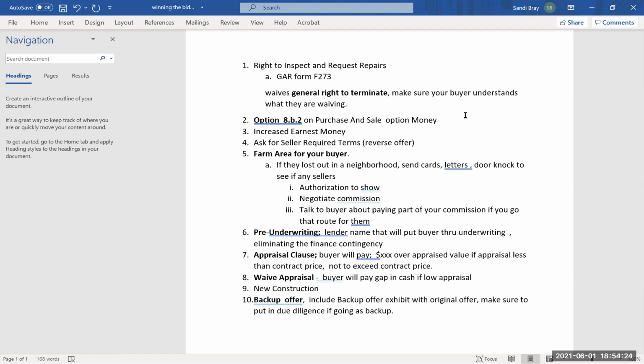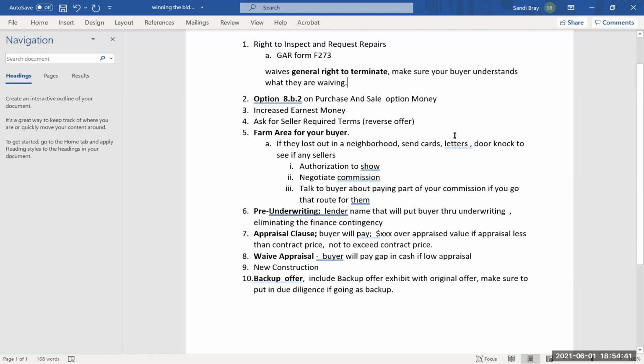But let's say your buyer says, no, I think I need the due diligence. You can buy the due diligence. You read that option on the contract. It's option 8B2 on your purchase and sale. You can actually give them upfront, non-refundable money just so you can have that general right to terminate.